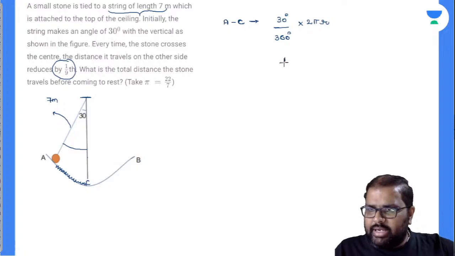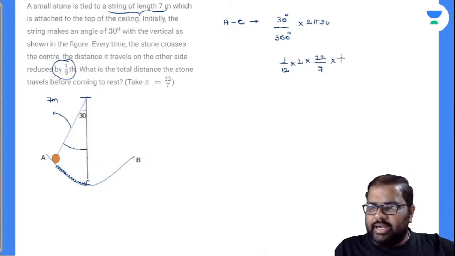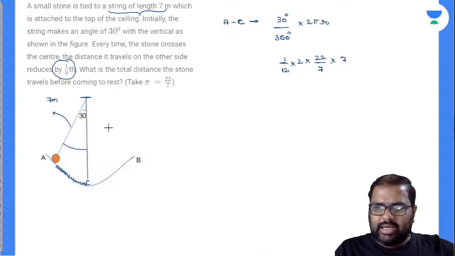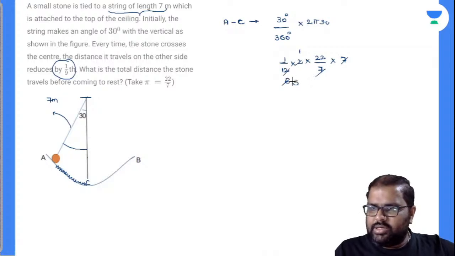So 1/12 into 2 into 22/7 into radius. Radius is 7. 7 gets cancelled. 2 1s are 2, 2 6s are 12, so finally 2 3s are 6, 2 11s are 22. So 11/3 meters is the distance traveled from A to C.